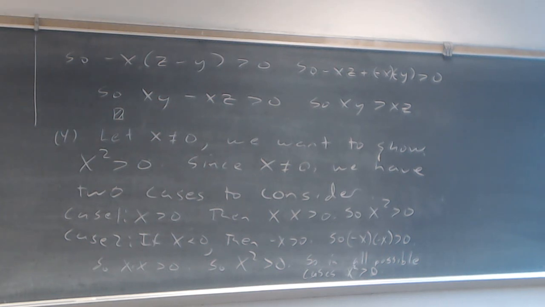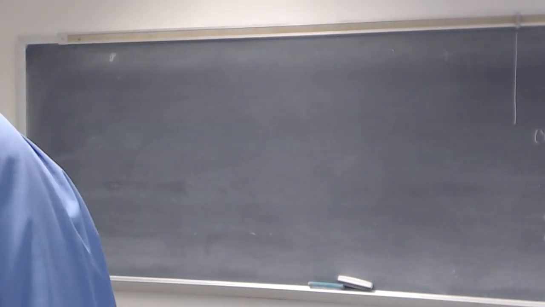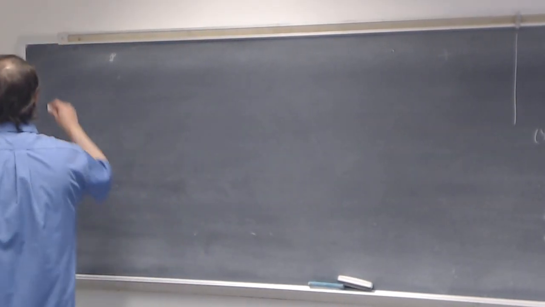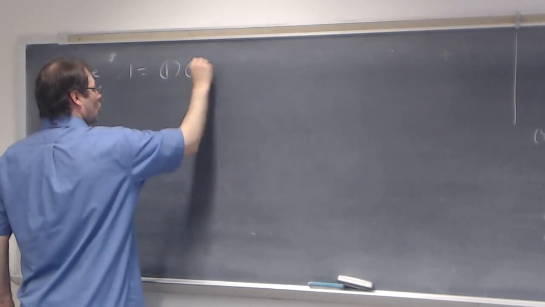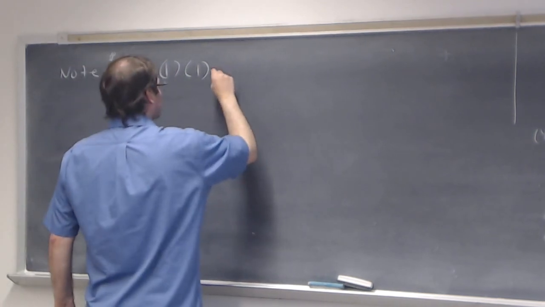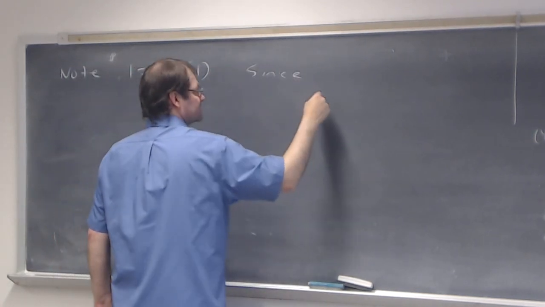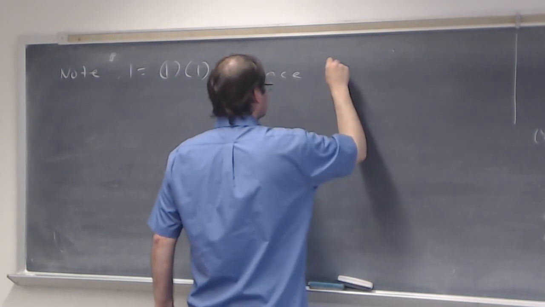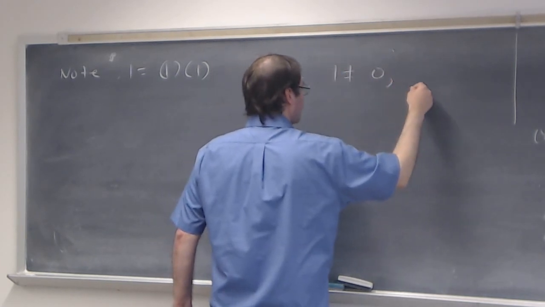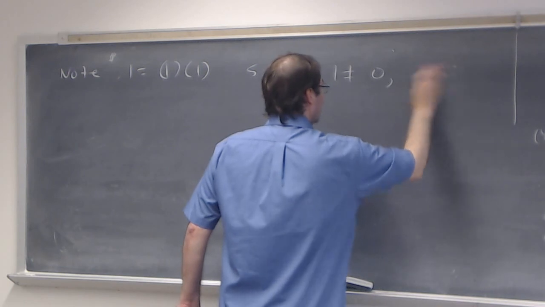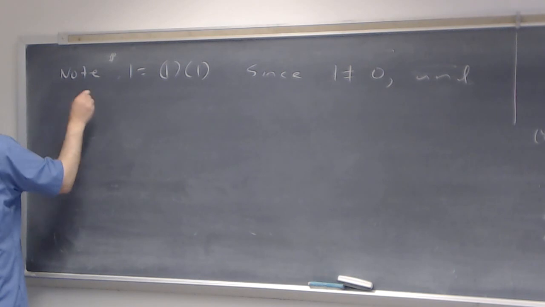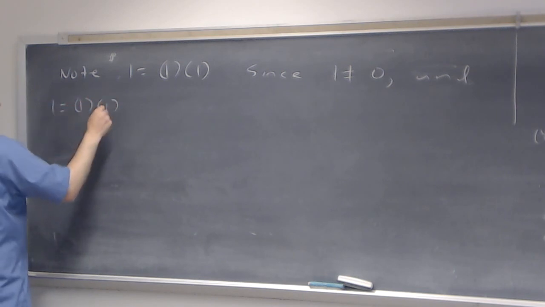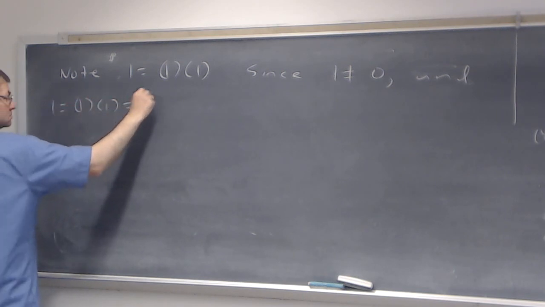Okay, and now we want to consider 1 itself. What we know is 1 is equal to 1 times 1, since, as I said to begin this lecture, 1 is different from 0, and 1 is equal to 1 times 1, or 1 squared, okay?